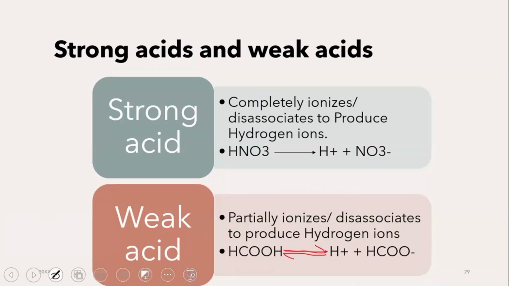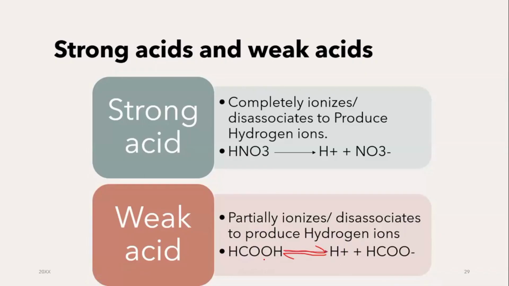In the process, I will be producing hydrogen ions, obviously, but the hydrogen ions are not going to be completely dissociated, meaning that some of the hydrogen ions will actually still be a part of the acid. So the acid is not going to give up all of its ions. It'll say, I'll give up some of them, but not all of them.